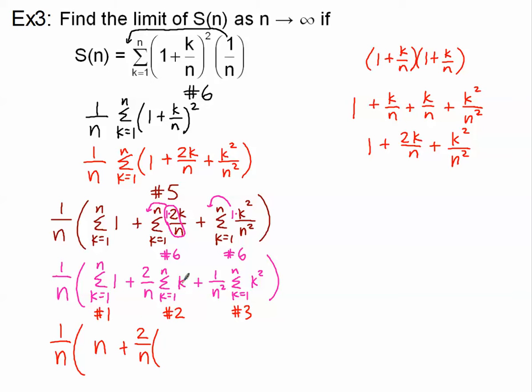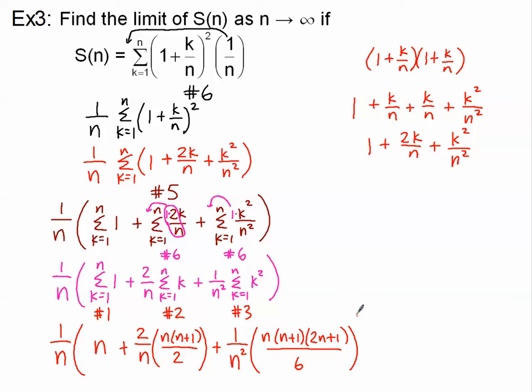Formula number 2 says we've got n times n plus 1, divided by 2. Don't forget the 2 over n here. And I've got a 1 over n squared here. Formula number 3 is n times the quantity n plus 1 times the quantity 2n plus 1, all divided by 6. Close that parenthesis and close that parenthesis.